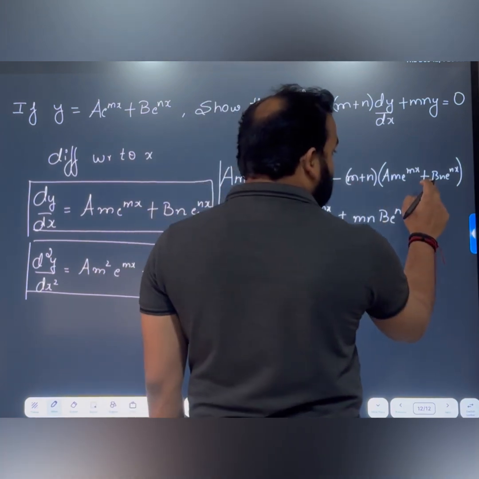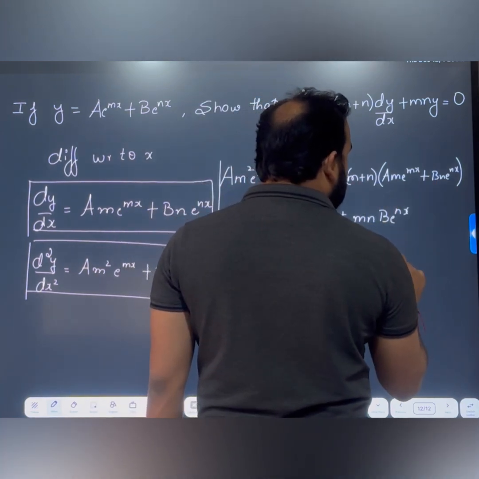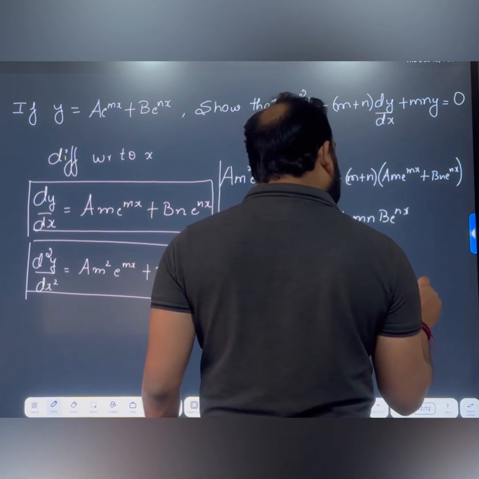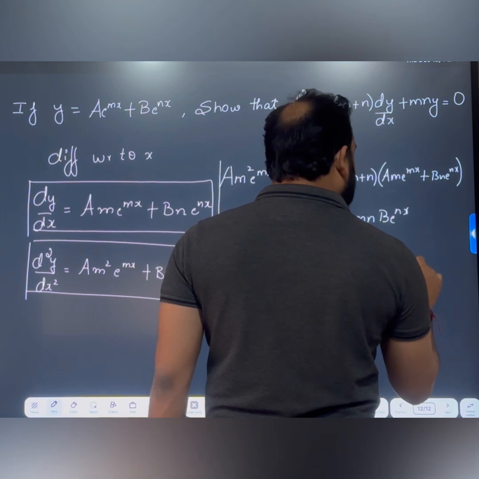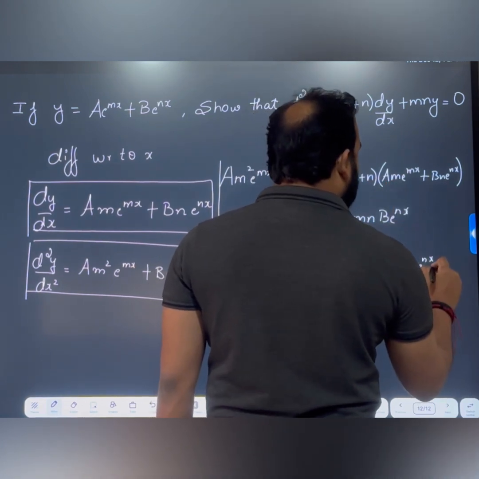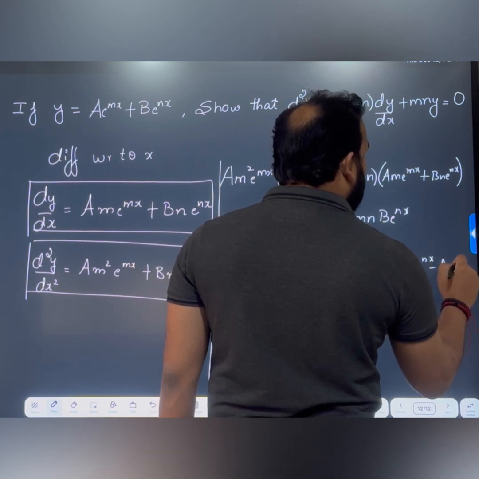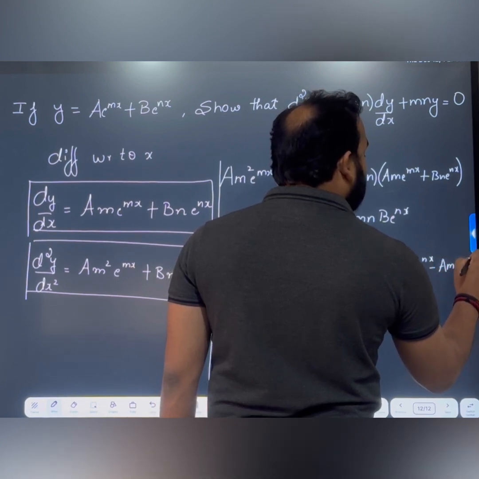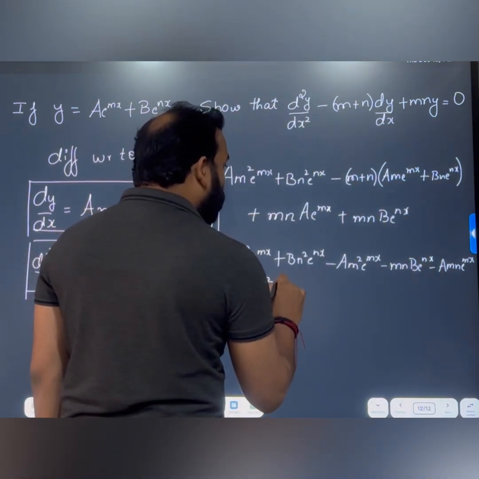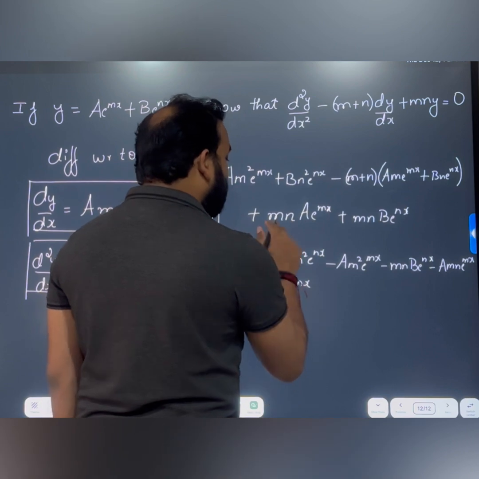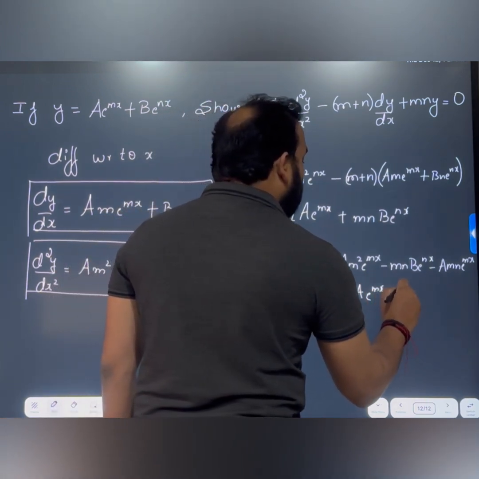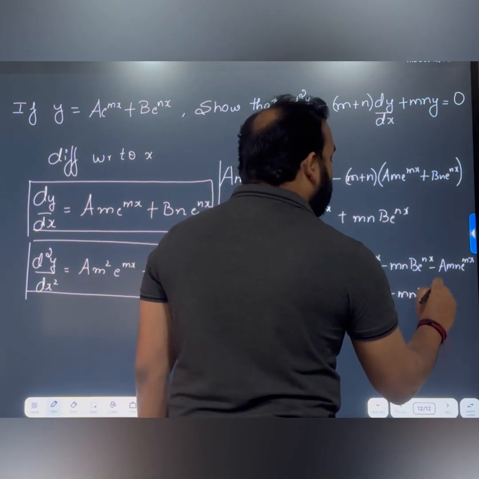Multiply m with this, minus m into b n, that becomes mn into b e power nx. Again, when you multiply n with m, here it becomes minus a mn into e power mx, correct? Again, n with n, minus n square into b e to the power nx, and here plus mn a e power mx plus mn b e to the power nx.